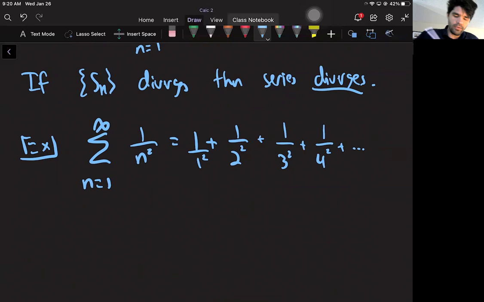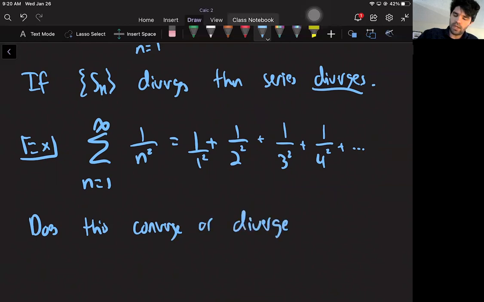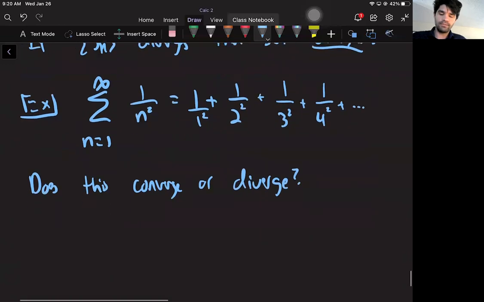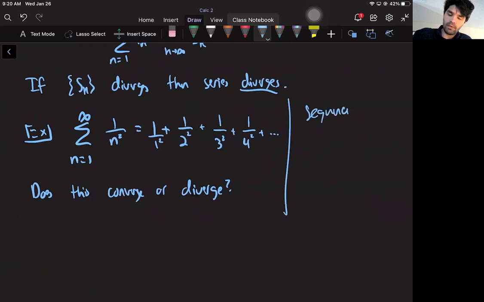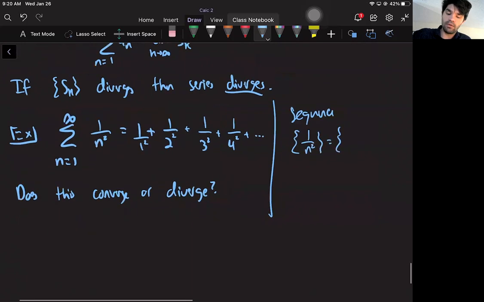And we want to know if this converges or not. Just like for sequences, we ask the same question, but we figure out the answer in a completely different way. So if I was just looking at the sequence, I would be looking at this thing, just the list of numbers.